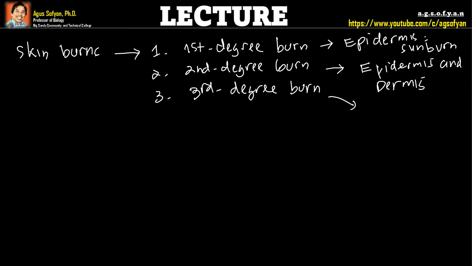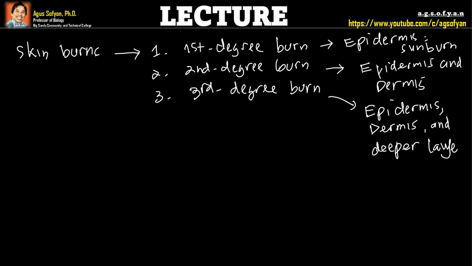The third degree burns will damage the epidermis, dermis, and the layer under the dermis. Okay, so the deeper layers. That's the term for third degree burns. So first degree, second degree, and third degree burns.